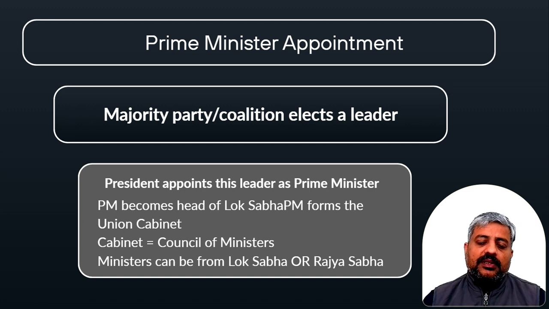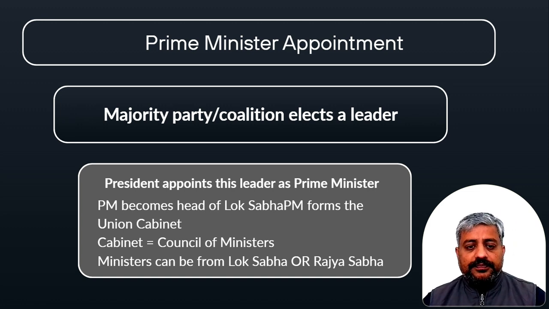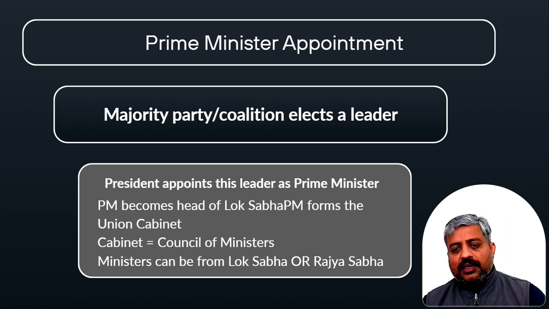So the PM forms the union cabinet. The prime minister forms their own cabinet. The cabinet is the council of ministers. So he gives responsibility to the rest of the members according to their qualifications or, I should say, their specialities. Ministers can be from the Lok Sabha or Rajya Sabha.